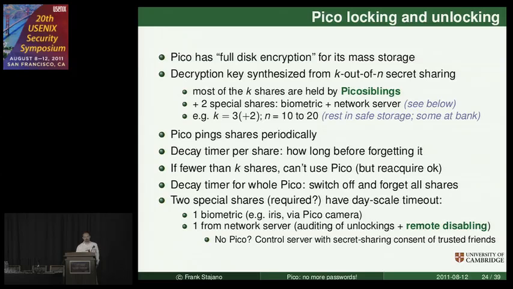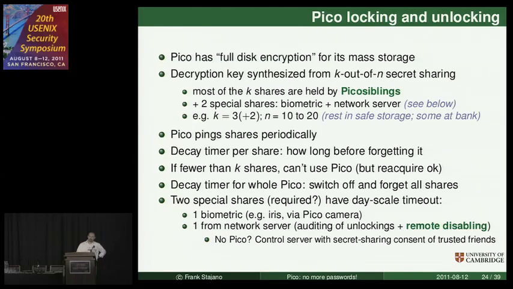And what this means is that you register all these 20 Pico siblings to enable you to wear different earrings on different days, and any 3 of them plus 2 will unlock the Pico. And of course you have to keep the other ones in a safe place, because otherwise someone can get your other earrings and unlock your Pico that way.